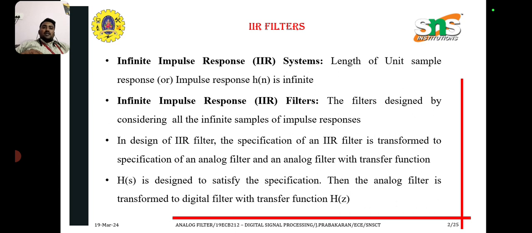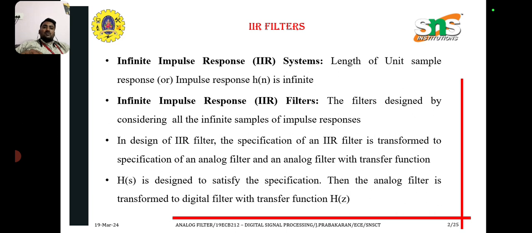A recursive filter is defined as one where the present output sample depends on the present input sample, previous input samples and previous output samples. An example of a recursive filter is the IIR filter, which means infinite impulse response filter. A non-recursive filter is defined as one where the present output sample depends on the present input sample and previous input samples. An example of a non-recursive filter is the FIR filter, finite impulse response filter.